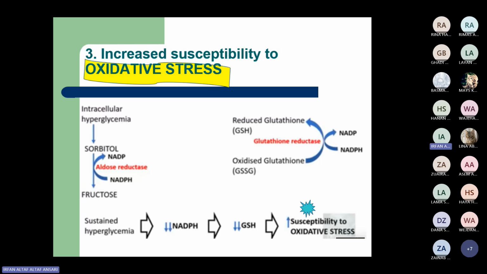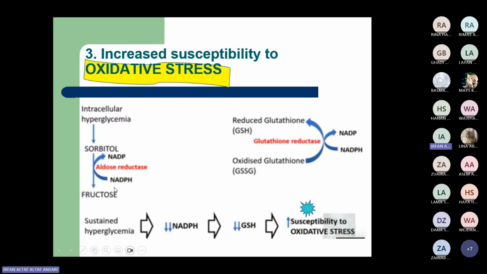The third mechanism is increased susceptibility to oxidative stress. There is intracellular hyperglycemia. This goes to the metabolic pathway to form sorbitol. The sorbitol goes through the aldose reductase pathway with NADPH to NADP conversion, leading to the formation of fructose, and this fructose again contributes to sustained hyperglycemia. So there is a decreased level of NADPH.